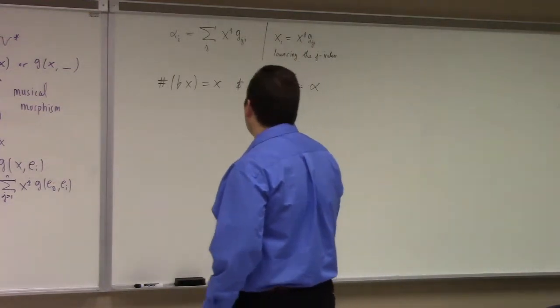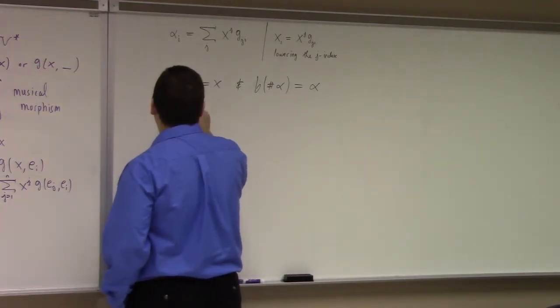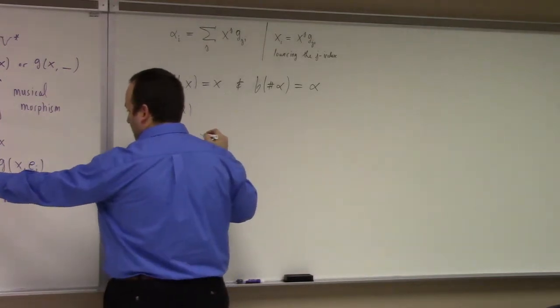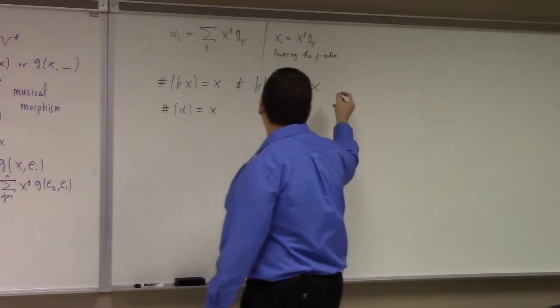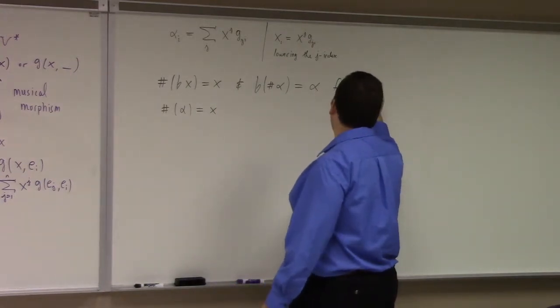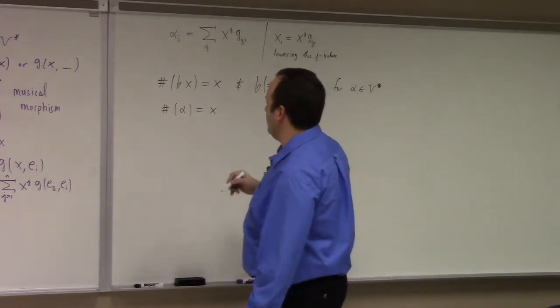In other words, we're saying the sharp of this alpha, what is alpha then? Should be x again. Here, this is for alpha in the dual. So alpha's in the dual and x is in the vector space.